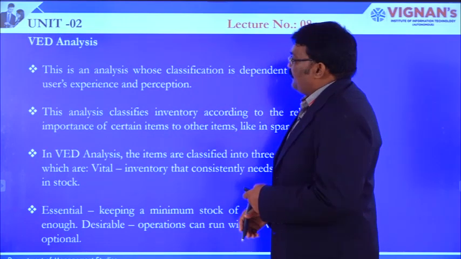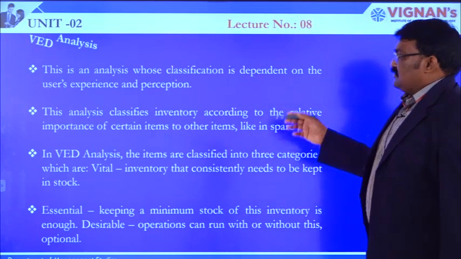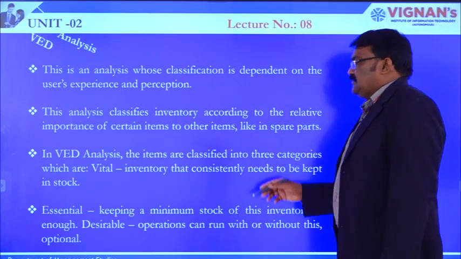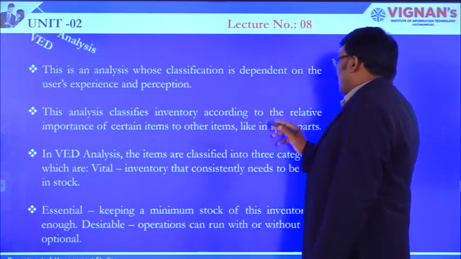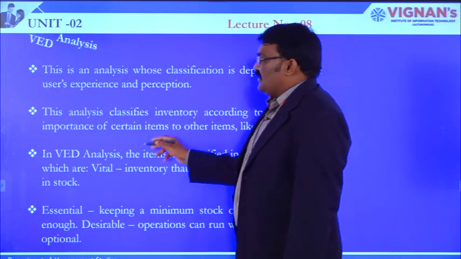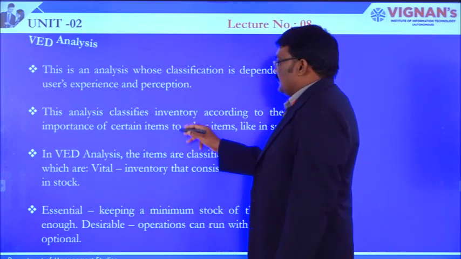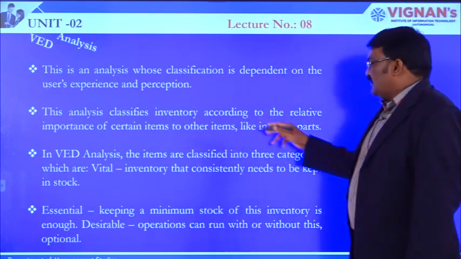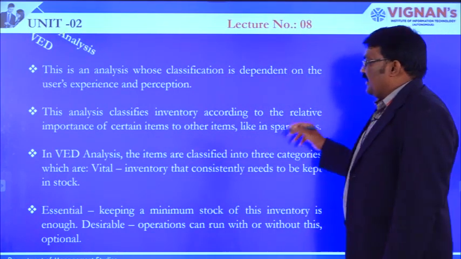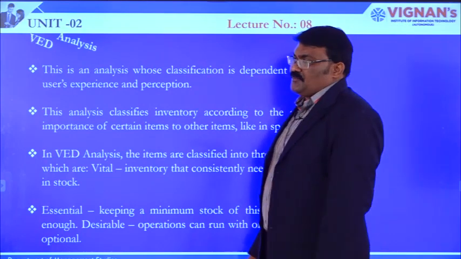If you see the second point, this analysis classifies inventory according to the relative importance of certain items to other items, like in spare parts. So, how is it classified?